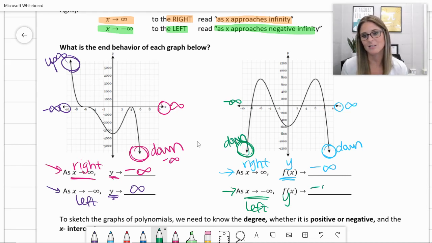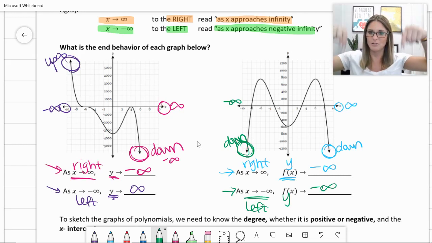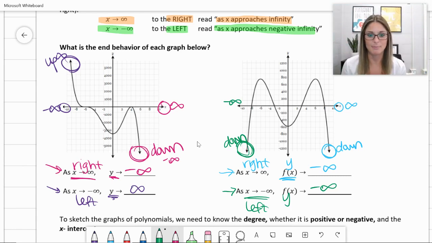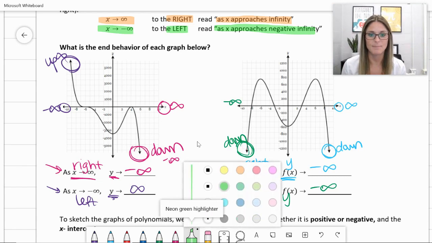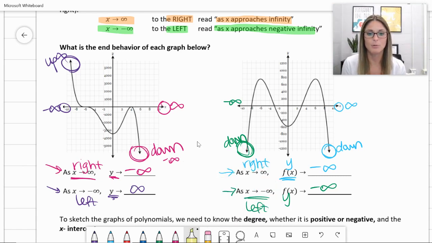So y is also approaching negative infinity on that arrow. Both arrows are going down. Both y's are approaching negative infinity. But like I said, Delta Math switches the order. So on both of these examples that I pulled from Delta Math, they mention right first, but sometimes they will mention left first. So read those and look out for that.